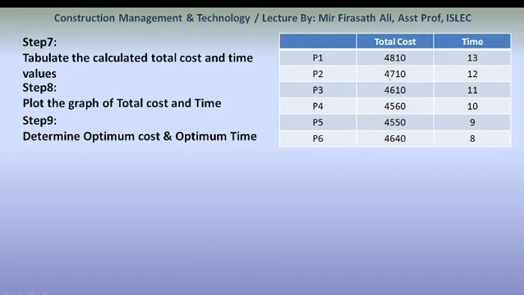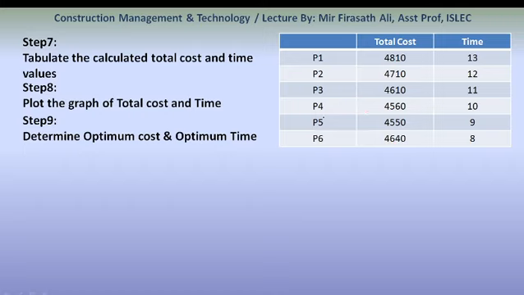For point 2 it is 4,710 and time is 12 days. Point 3, 4,610, time was 11 days. And at point 4 we have got 4,560 and the time was 10 days. At point 5, 4,550, and at point 6 the cost is 4,640.